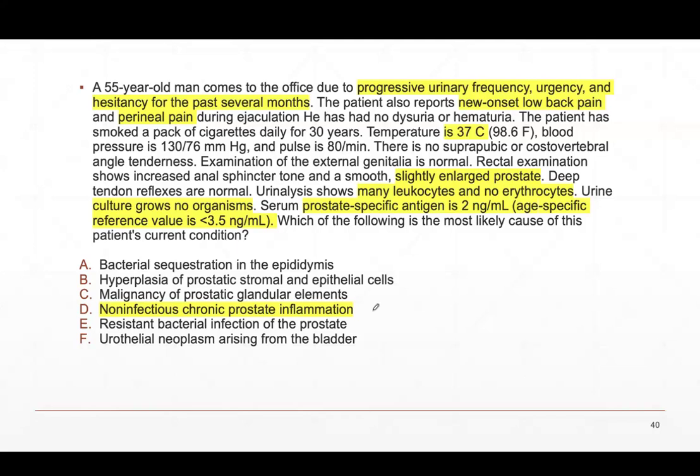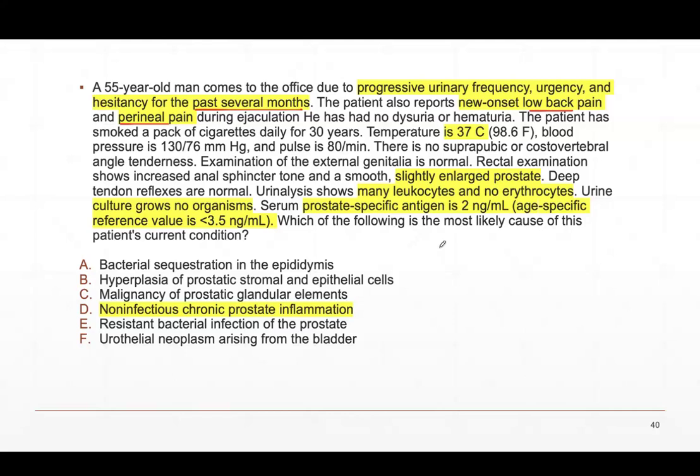Usually, at least in the scenarios that I've seen, all of them with chronic pelvic pain syndrome have back pain and perianal or perineal pain. BPH usually doesn't have back pain, okay? And the second thing that points you to this most likely not being BPH is that BPH develops over 5 years, but this one developed over several months, and he already has frequency and urgency and hesitancy, okay?